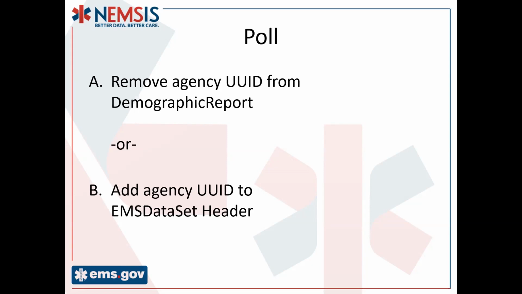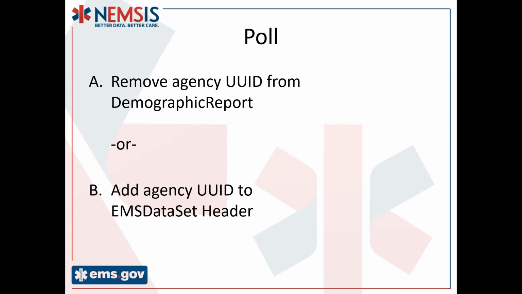Thanks. Okay, so this is Sharon in Nebraska, and I have a question. Say we have an agency that changes from a BLS service to an ALS service, and when they do that, they're assigned a new agency number because they're now an ALS service. Their name may stay the same.